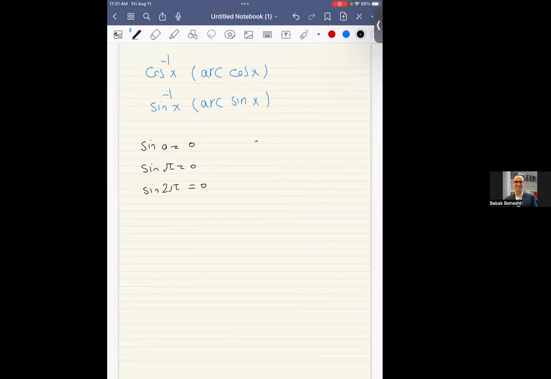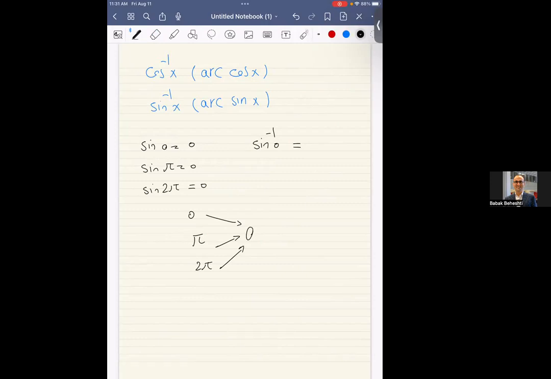So what should I define sine inverse of 0 to be? The function sine sends 0 to 0, pi to 0, and 2 pi also to 0, right?